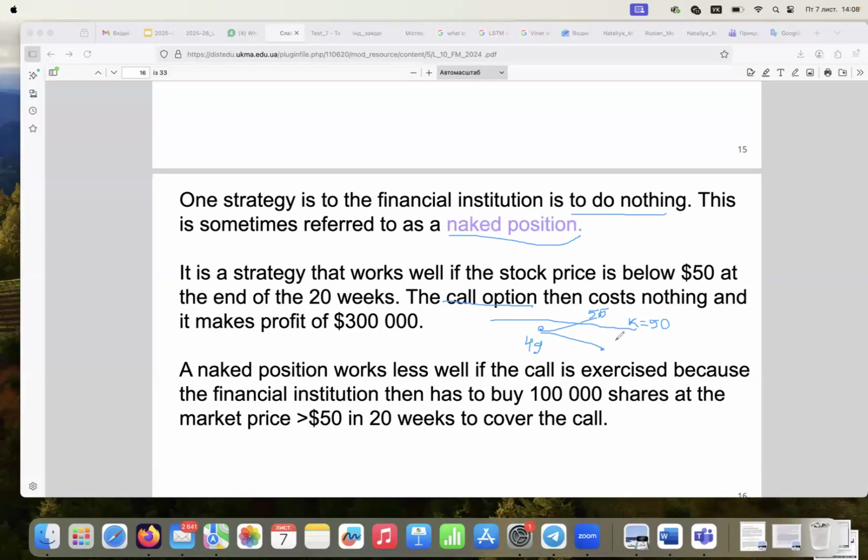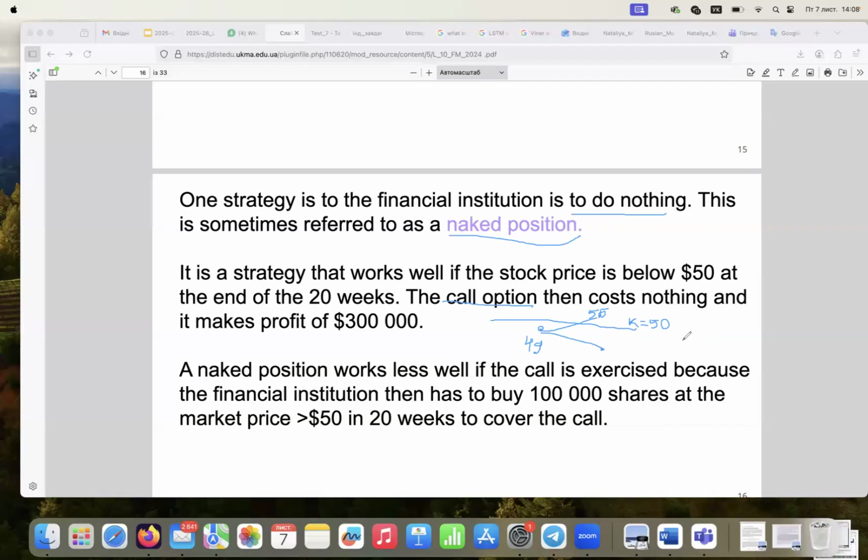Why? Because what is the payoff function? We choose the maximum of zero and S minus K.